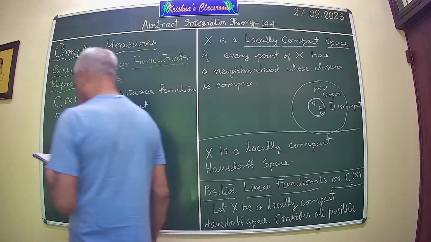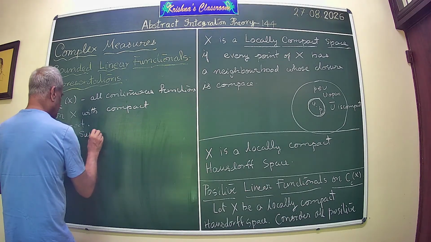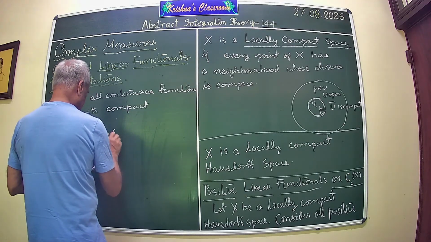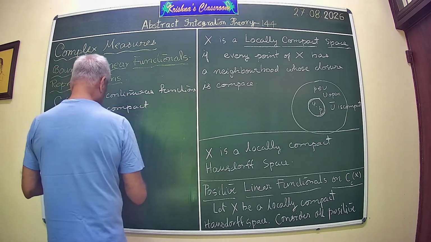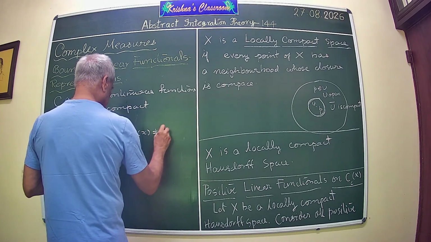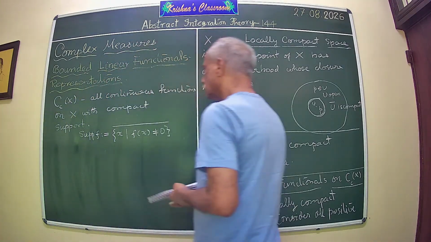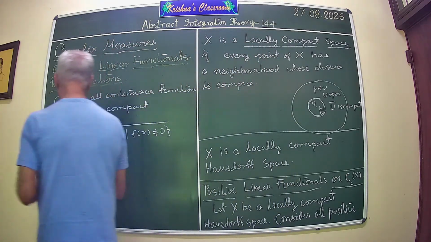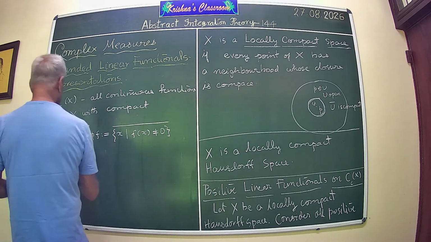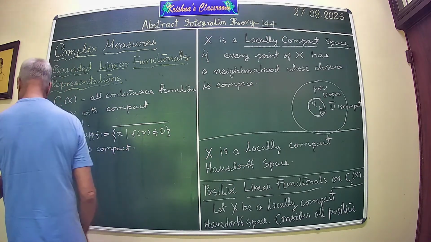The support of f is defined by the closure of the set of all x where f(x) is not equal to 0. And what we demand is that the support of f is compact. This is what we ask for.